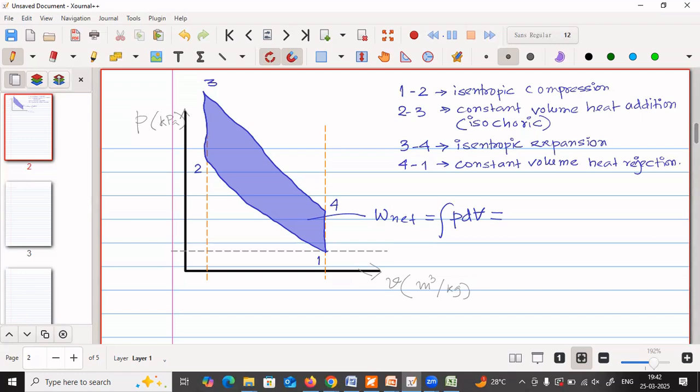Next, this W net is equal to basically the area under these two curves, 3 to 4 and 2 to 1. So if I integrate the area under the curve 3 to 4, it will be this full area.